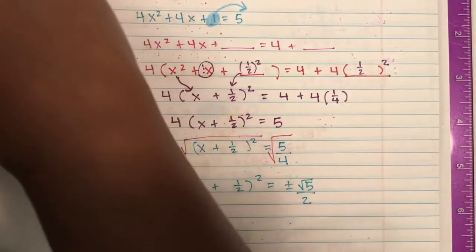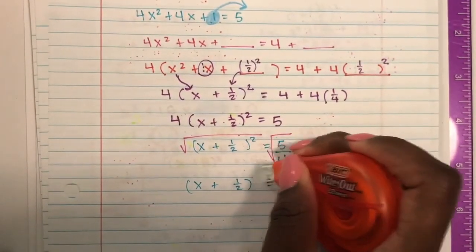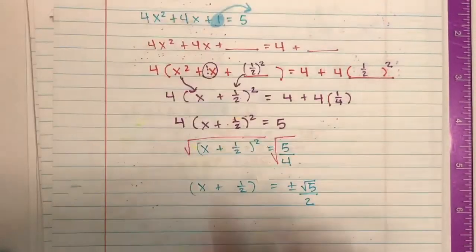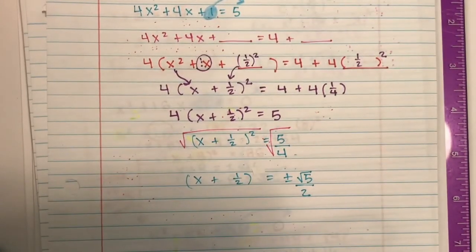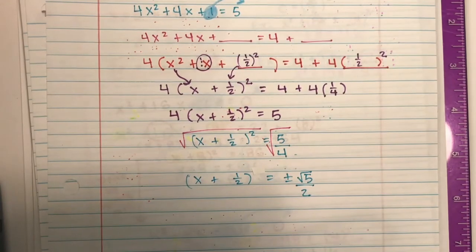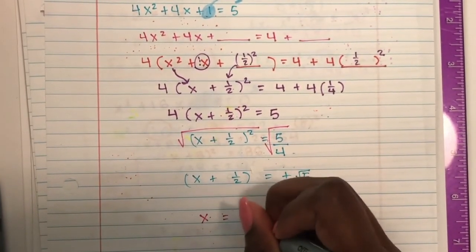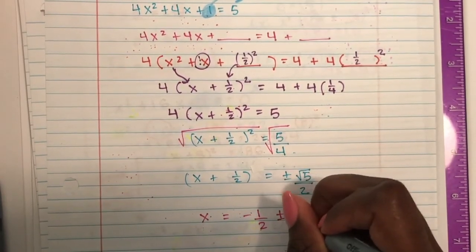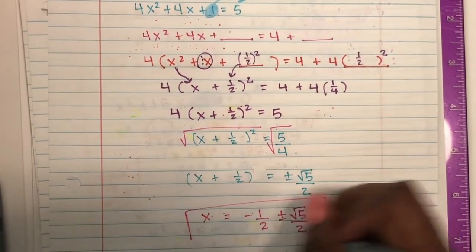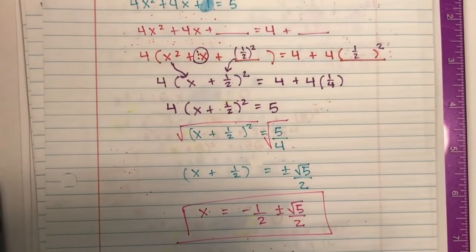And I don't need that square there anymore. I got rid of it. All right, and then you want to end this problem just by subtracting 1/2 from both sides. So x is equal to negative 1/2 plus or minus square root 5 over 2. And that's our final answer.